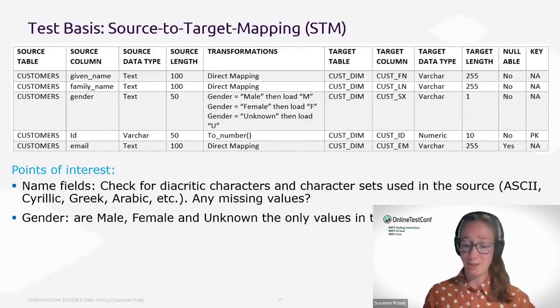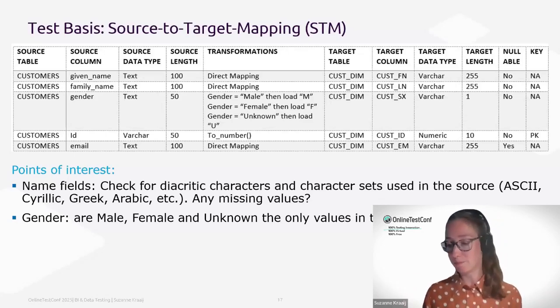But I got this example from a real world situation where the data modeler was talking to the business, and they told him that they had a form for filling out for new customers, and that had a drop-down field. The drop-down field for gender only had male, female, and unknown. They had been using this form since the start of their application.